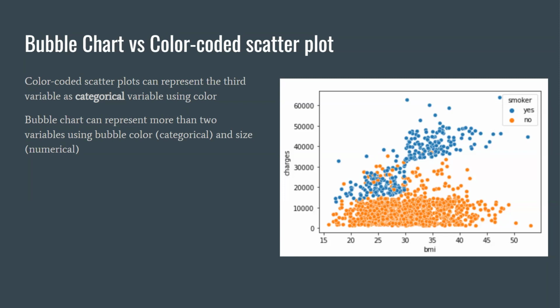So for bubble chart, large bubbles in a bubble chart can overlap. It can potentially obscure data points. Color-coded scatter plots may avoid this issue with overlapping points, since points are typically smaller and colors can help distinguish overlapping points.